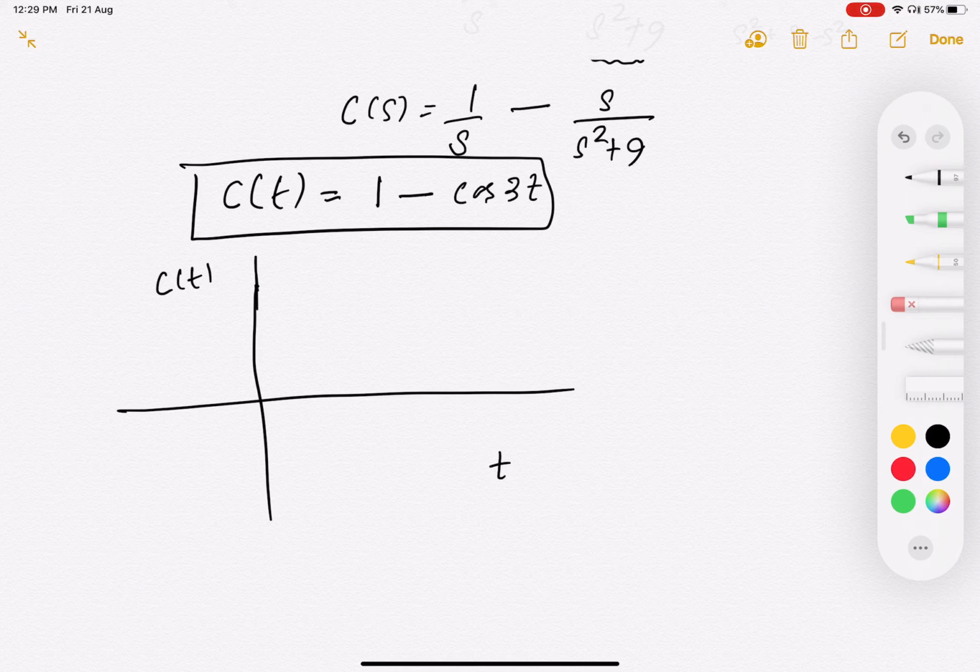So the time period, at t is equal to... at what is cos 3t going to be? Let us sketch cos 3t.